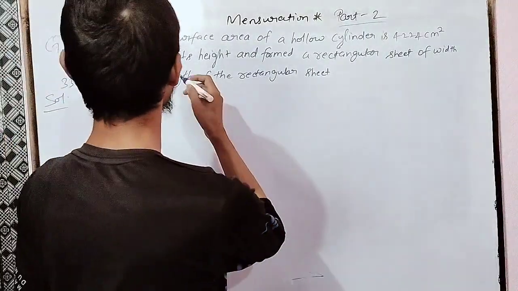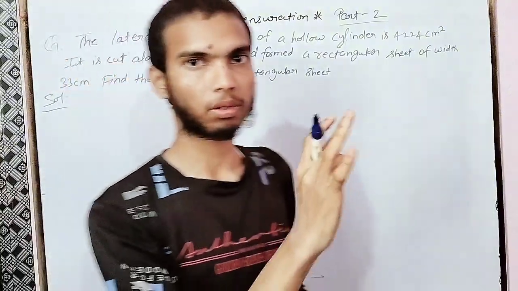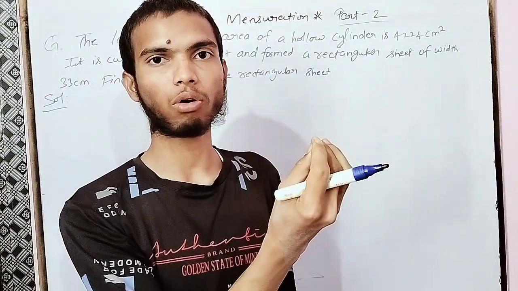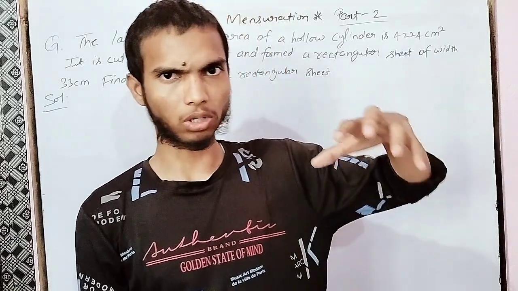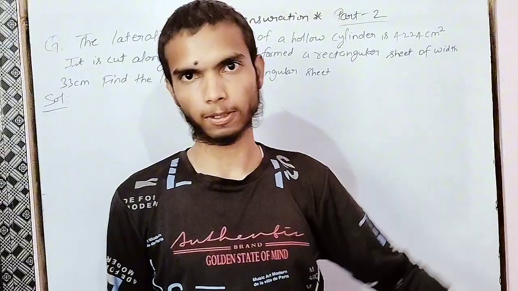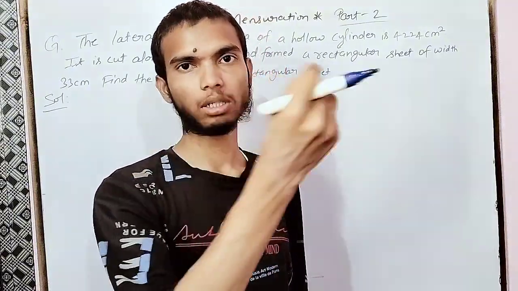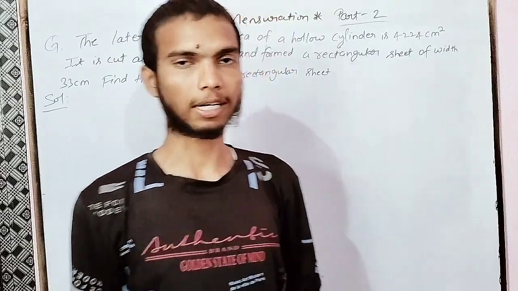Here, lateral surface means the curved surface of the cylinder, except the two circular surfaces. The curved surface of a cylinder is the lateral surface.